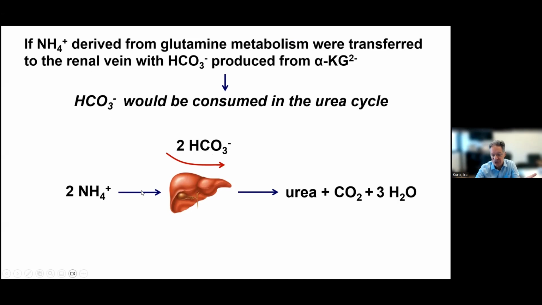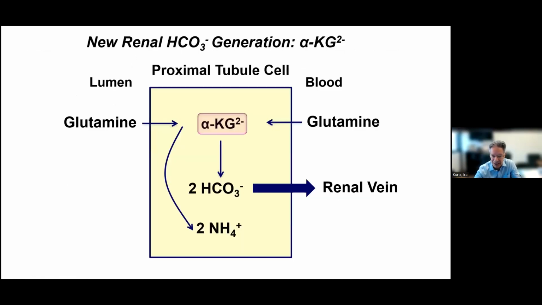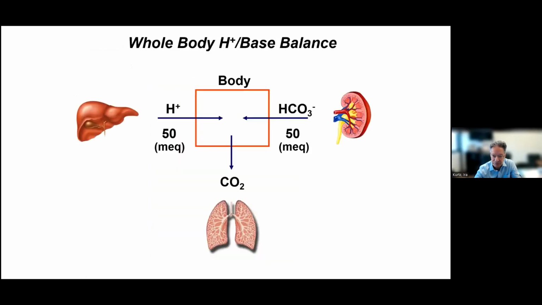When you summarize the urea cycle stoichiometry, that's where urea is derived from. So if you took glutamine, broke it up into ammonia and bicarbonate in the proximal tubule, and then sent both into the renal vein, you would just make urea, and you would have done nothing as far as acid-base balance. You would just be converting glutamine into urea, but you would not be generating new bicarbonate to match the daily hepatic proton load.